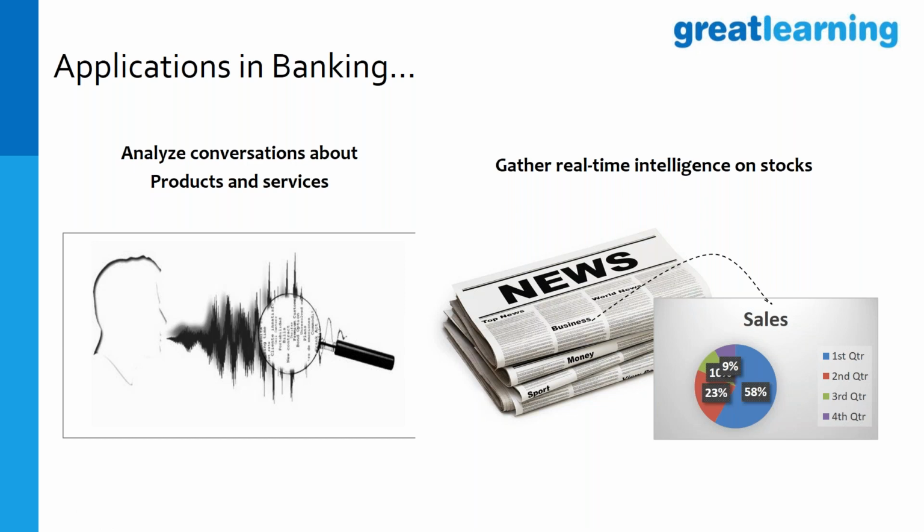And the next application where we can use NLP is gathering real-time intelligence on stocks or on the company data, etc. So there are many news APIs which you might have used in different instances, or you might have come across.